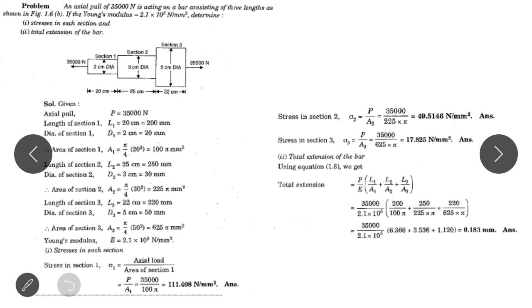So therefore 35,000 divided by 2.1 into 10 to the power 5 into bracket of L1 is equal to 200 divided by area 1 is equal to 100 pi plus L2 is equal to 250 divided by area 2 is equal to 225 pi plus L3 is equal to 220 divided by area 3 is equal to 625 pi. So therefore the total extension delta L is equal to 0.13 mm.